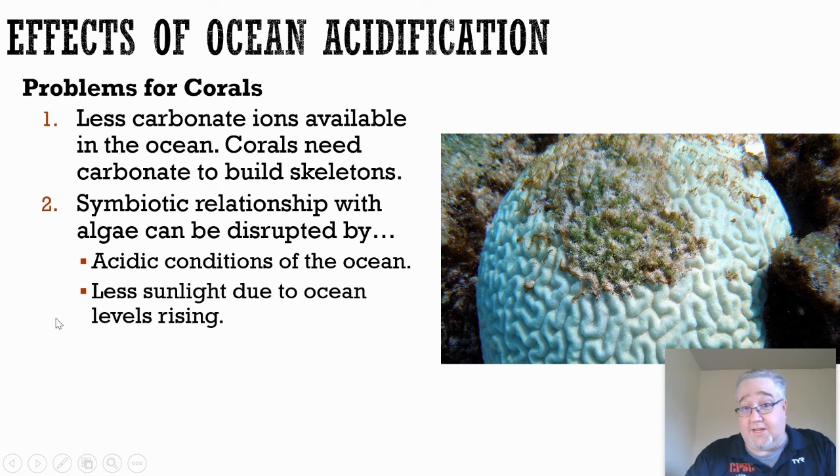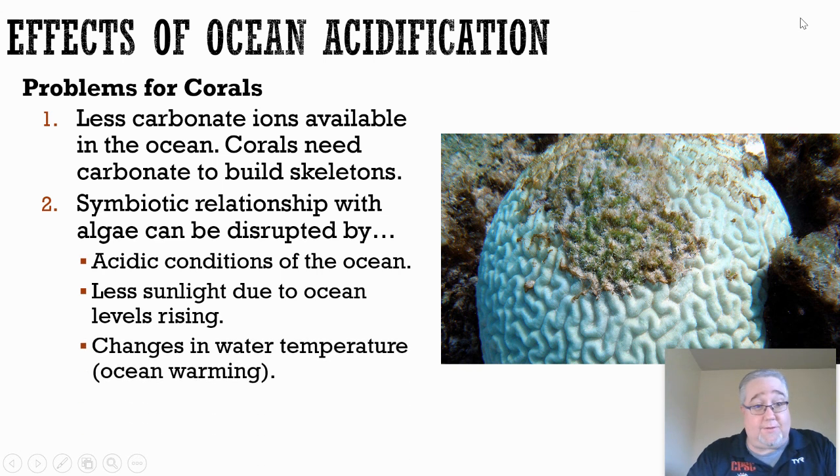Also, understand, we talked about this yesterday, there's less sunlight due to ocean levels rising. So as ocean levels rise, less sunlight can penetrate down, and those algae won't be able to photosynthesize. So that's a problem. And then finally, today we talked about changes in water temperature. As the oceans get warmer, that could create conditions these algae can't exist in, and they could die off.